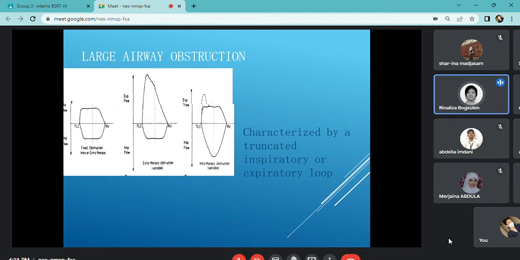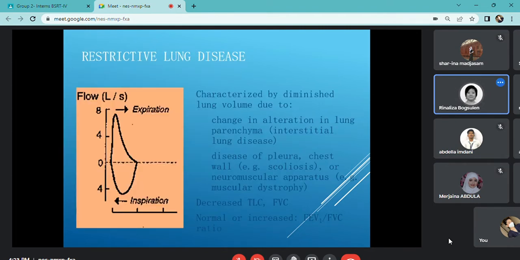Okay? Let's go to your restrictive lung diseases. Ito naman, what is the description of the loop of your restrictive lung disorder? It resembles a witch hat. Okay, 'di ba? Ito tingnan niyo 'to. 'Di ba parang hat ng isang witch, 'di ba? Patulis. Okay. Plus, what else? All lung volumes and capacities are decreased in your restrictive lung disorder.